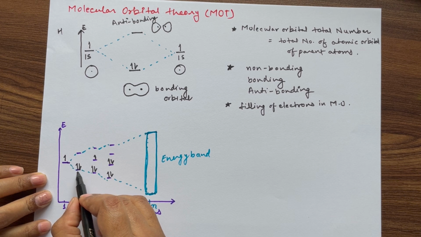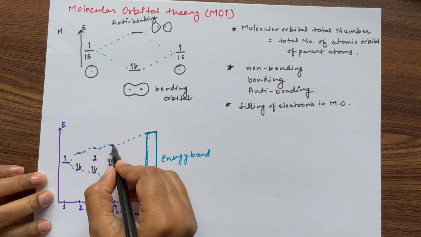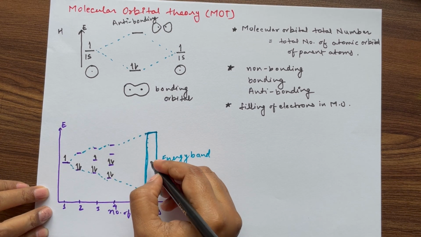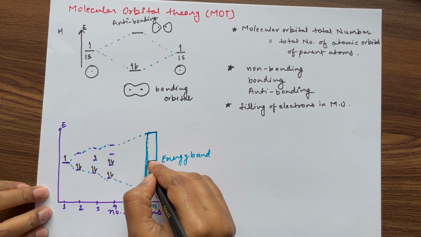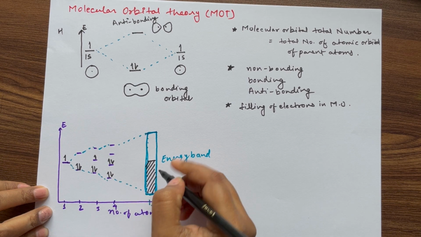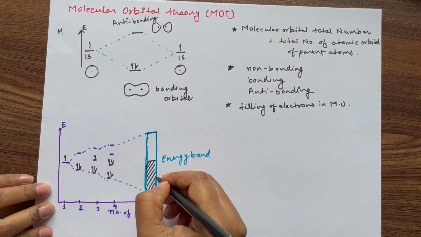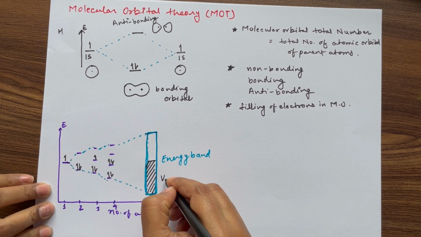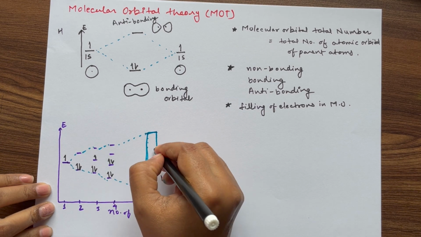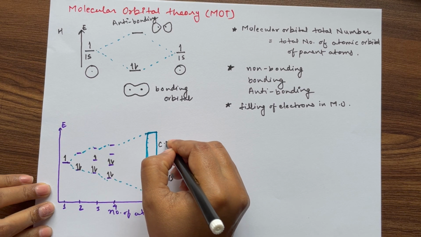We can see here the lower energy states are getting filled and higher energy states are empty. When n is very large, almost half of this energy band will be filled and half of the energy band will be empty. So this filled energy band is called valence band and this empty energy band is called conduction band.